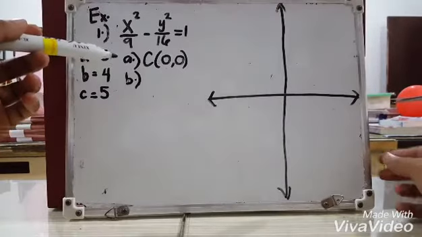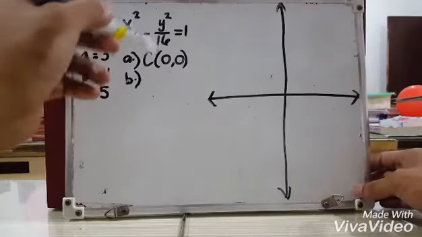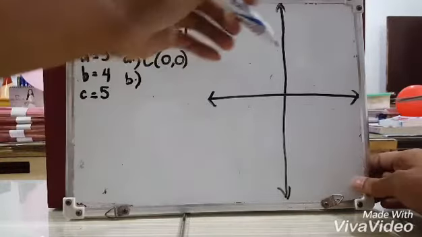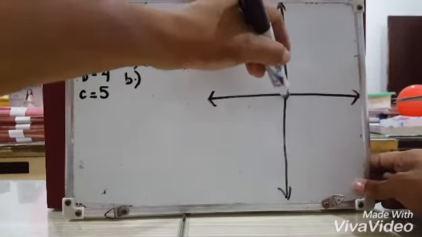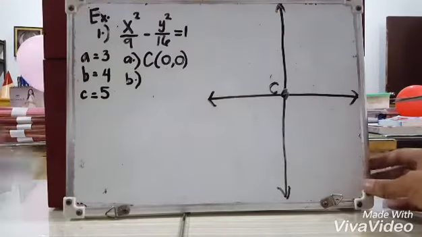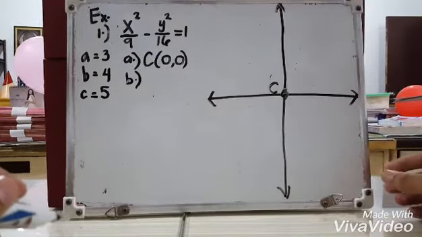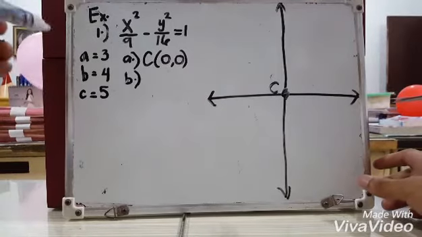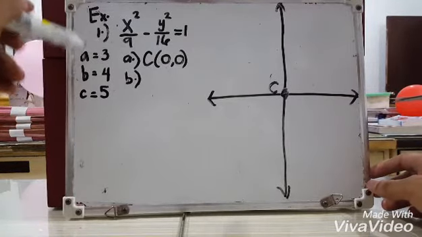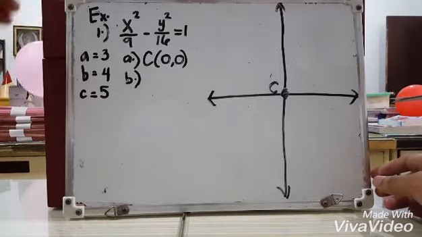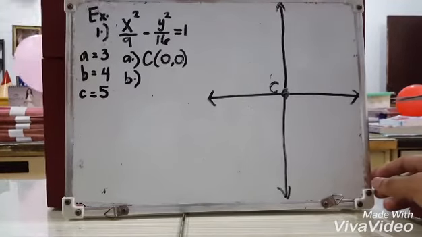For the first property, our center is at the origin, 0, 0. So we plot the center, class. This is now your center, which we label with the letter C. Next, we use the value of a, which is equal to 3, to determine the vertices of the hyperbola.